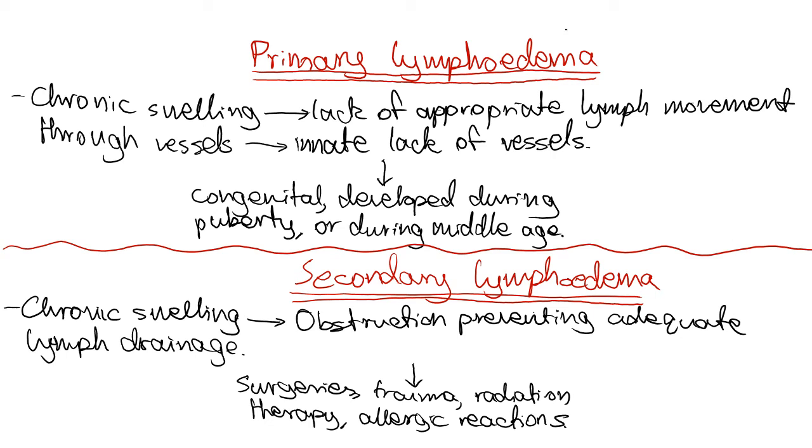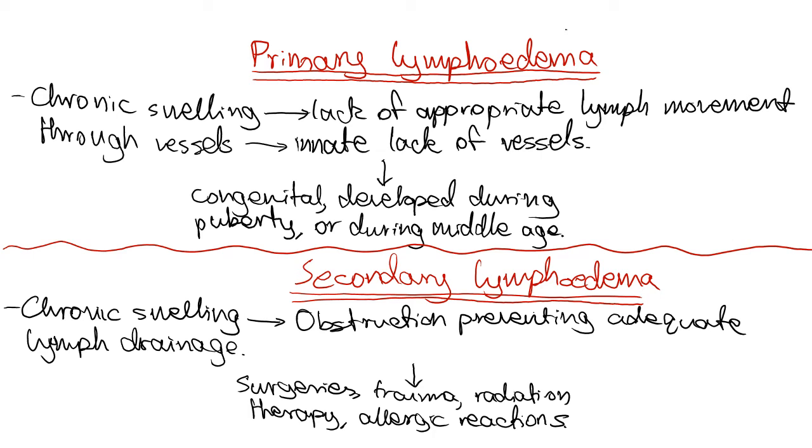So if you're wondering about treatment for both of these conditions, it can be a combination of both physical and pharmacological therapy. Especially physical therapy is important for primary lymphedema, because pharmacologically we can't really regrow lymph vessels, but treatment can include physical therapy such as massaging, and massaging assists in moving the fluid by force to force it to move into lymphatic vessels and therefore be transported back to the cardiovascular system.